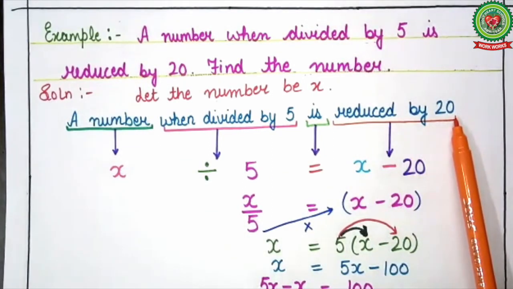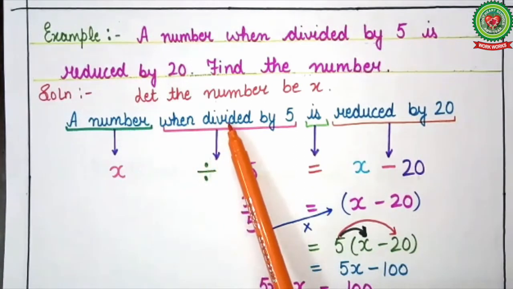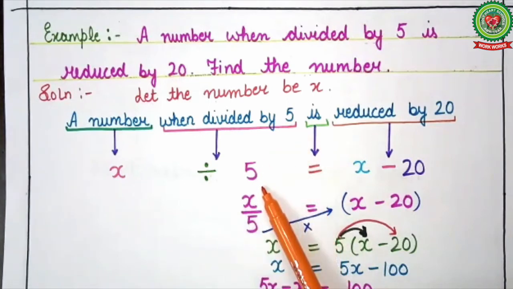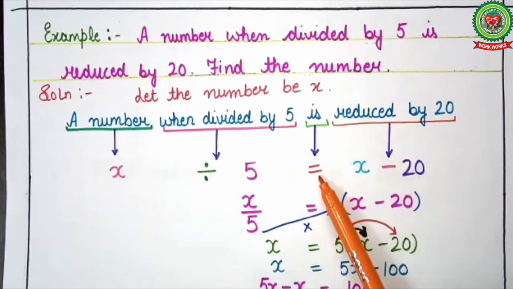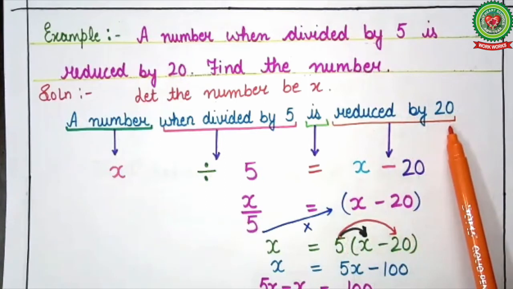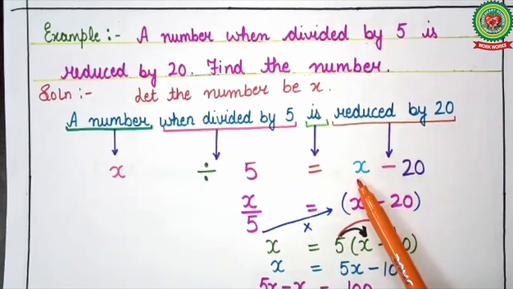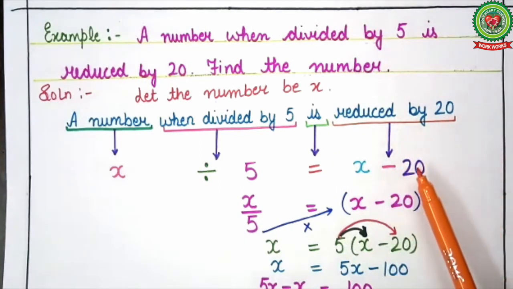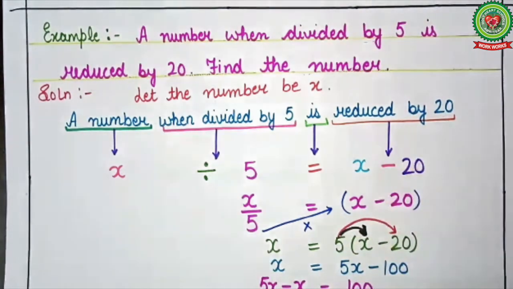So here we know a number means x, divided means the divide symbol, by 5. Here we have written 5 is equals to. Reduced by 20. Here the number is reduced by 20. That means if the number is x, reduced means minus, and here it comes 20.